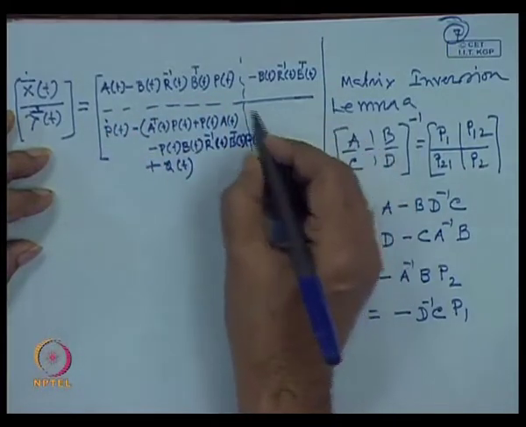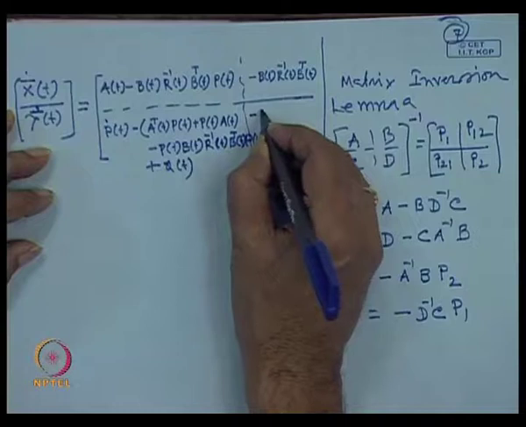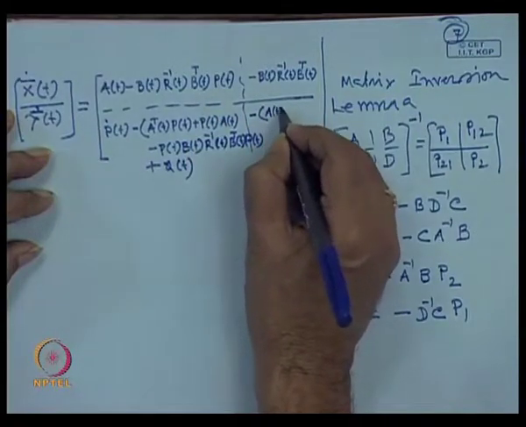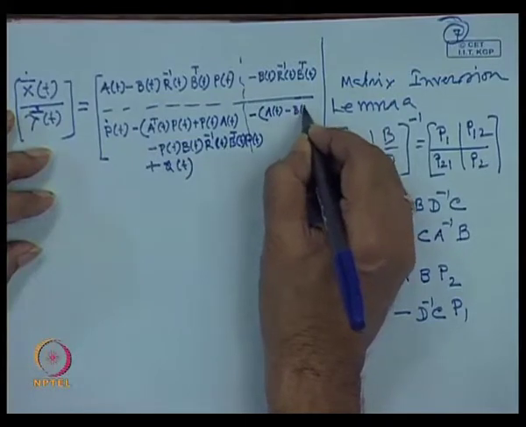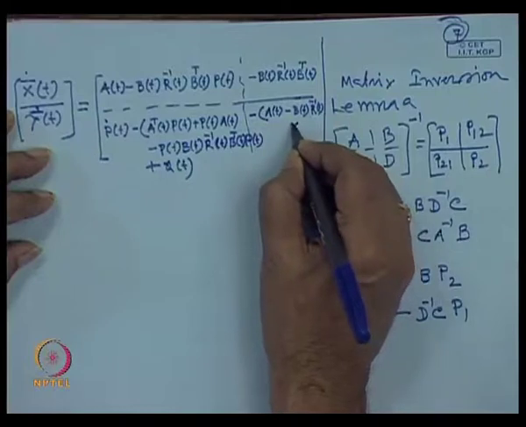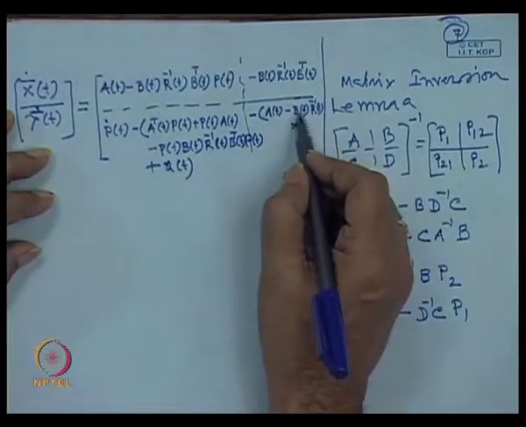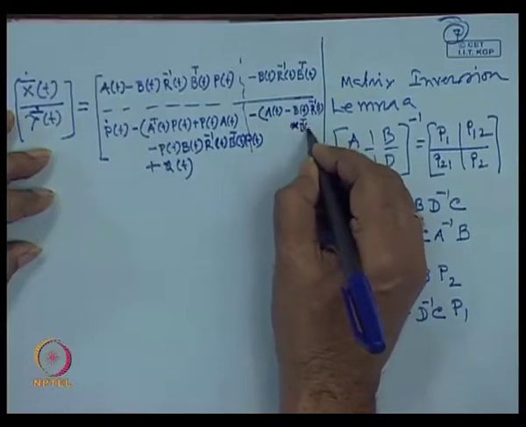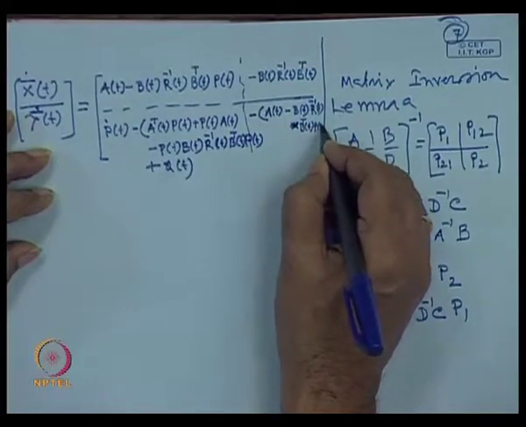Then the 2-2 block is minus A of t minus B of t R inverse of t B transpose of t P of t.